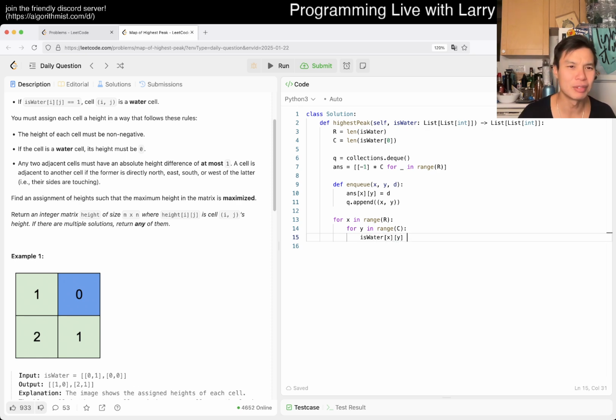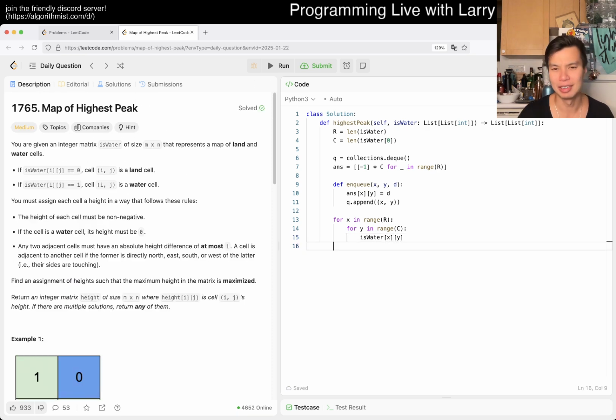Which one's the water, 1 or 0? Alright, and then now there you go. XY is equal to q.popleft, right? And that's it.